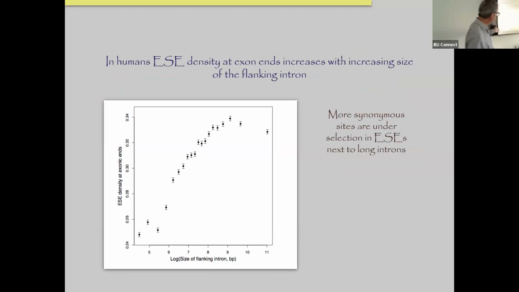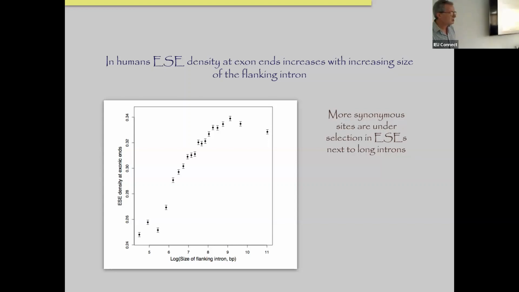And what you can see is we've got a very simple solution to the problem. If you've got a large flanking intron, you have a higher density of ESEs at the flank. For the relatively shorter introns, down to about 25% of the sequence is ESE, moving up to more like 35% when you've got a much longer intron flanking you. So long introns are our bugbear, they're our problem.